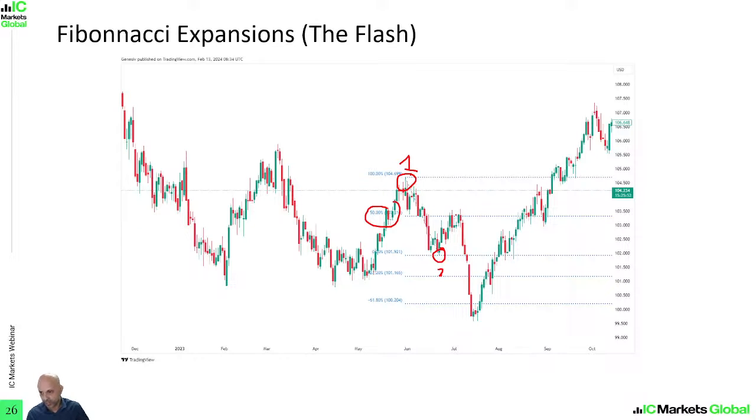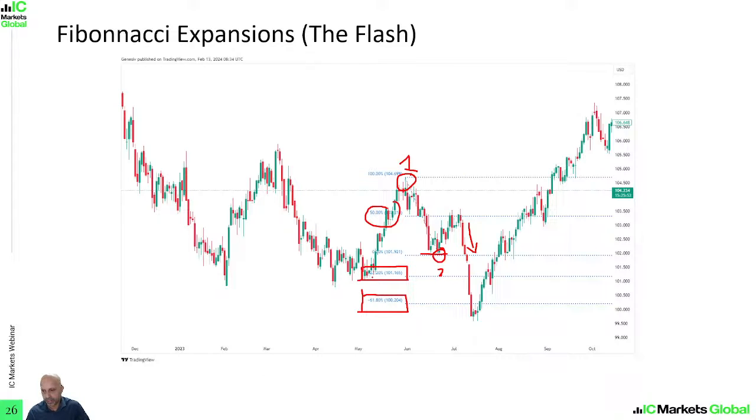So when price retraces up to this point here and then reverses to drop lower, then my subsequent expansion levels at negative 27.2% and at negative 61.8% become valid. So as price drops lower sharply or strongly, we can identify a potential bearish breakout. So we enter a short position here.